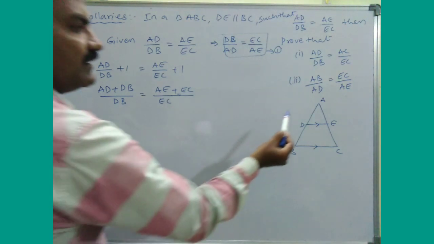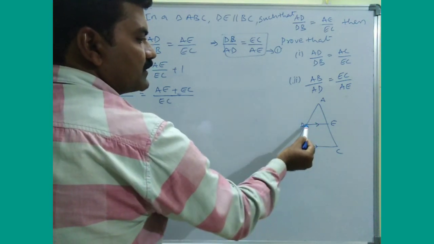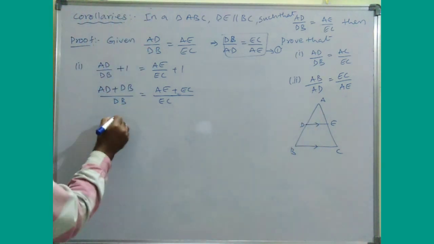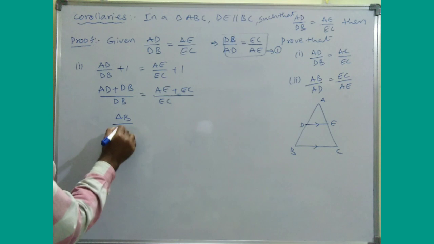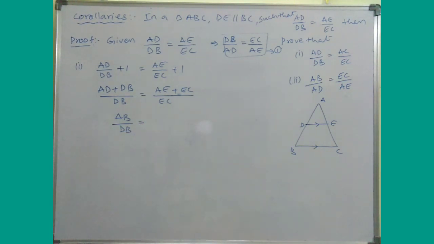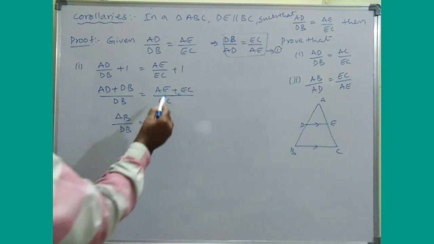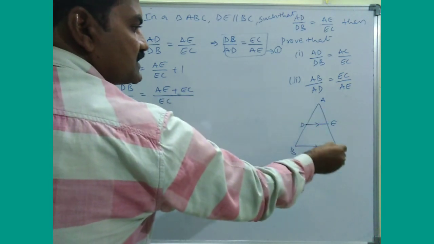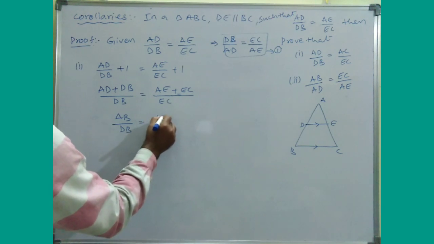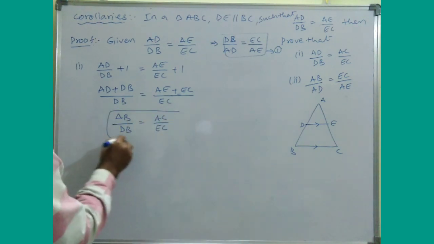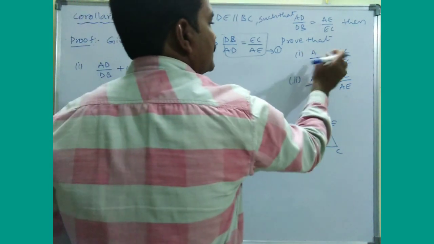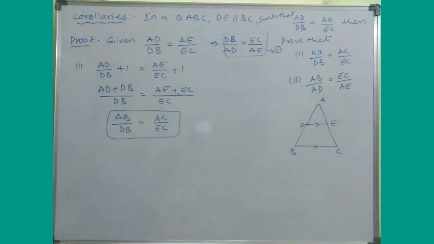Look here, AD plus DB is nothing but the whole, I mean AB, by DB, which is equal to, in the same way, AE plus EC, this is also AC, by EC. This is not AD, this is AB. AB by DB is equal to AC by EC.